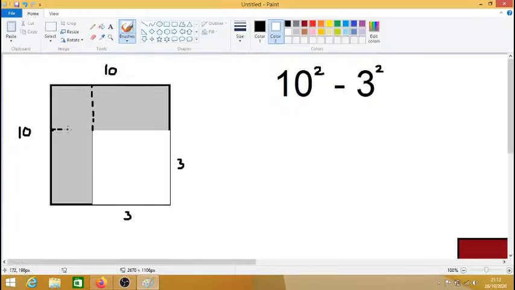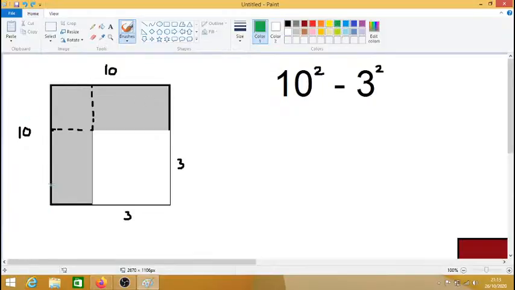And going across. Let's just try to think of the edges now. So that whole edge is 10, and this square was 3, so this line would be 3 as well. Then this bit here would be the 10 take away the 3, so I can write that down just here.